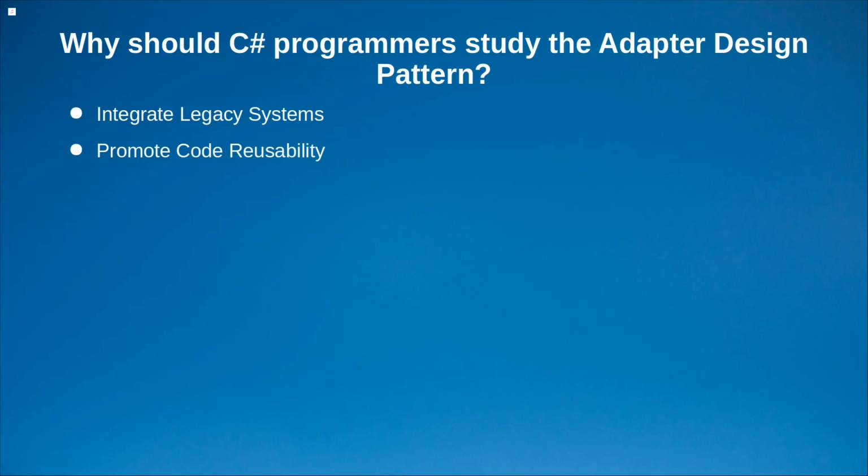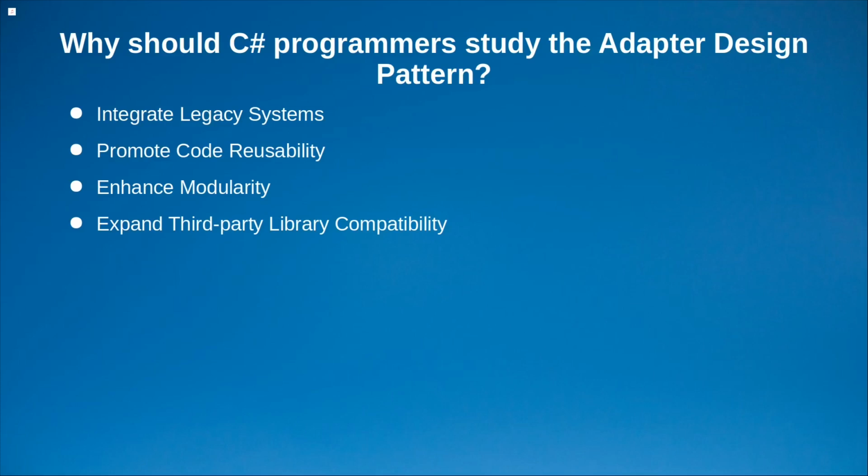Instead of rewriting, they can adapt the existing component, promoting reusability. Enhance modularity. The adapter pattern promotes separation of concerns by ensuring that functionality and interface adaptation are separate. This results in a more modular and maintainable codebase.